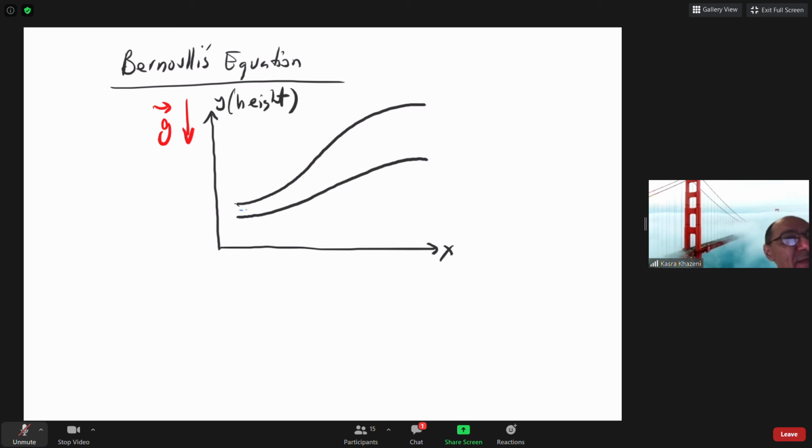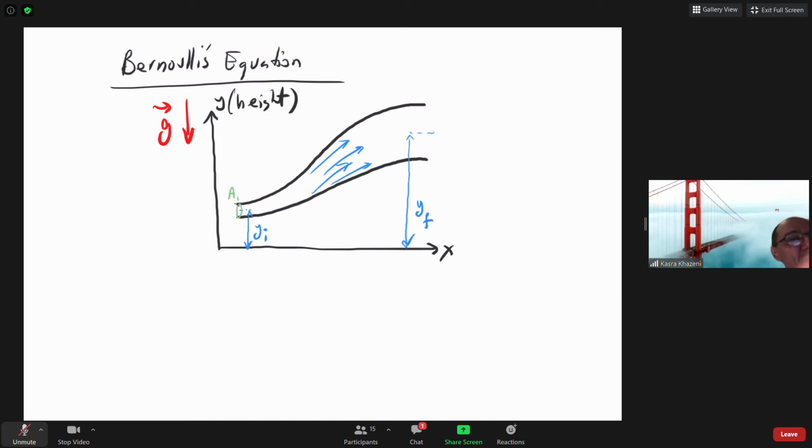So this height here is y1, let's call it y initial. And then this height is y final. The fluid is moving in this direction. And the other parameters are, this has a cross-section area A1, let's call that A initial.